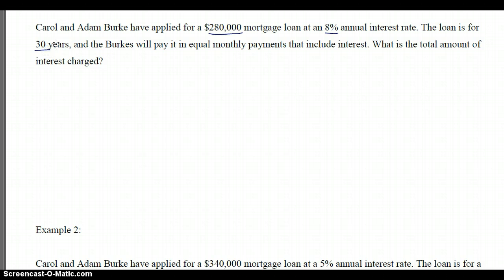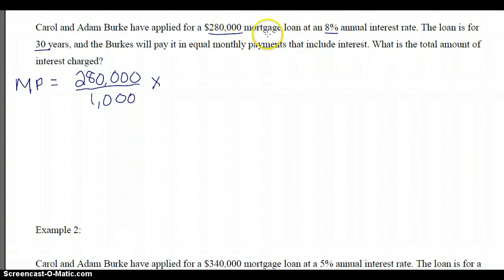The first thing we need to do is find the monthly payment. If you'll remember, our monthly payment was found by taking the amount of the loan, $280,000, divided by 1,000, and multiplying it by a value we're going to get in a chart.